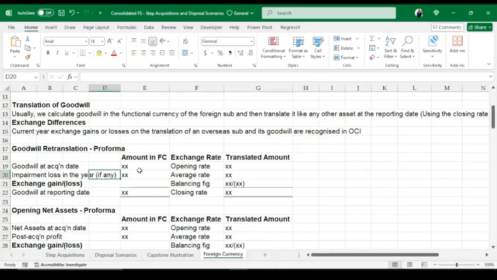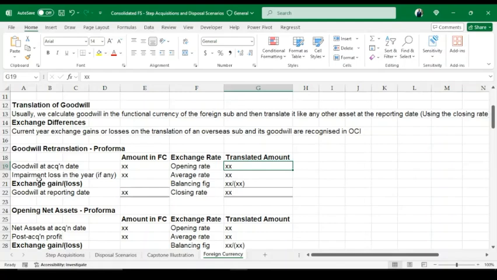We pick the goodwill at acquisition date in the functional currency, and in order to translate it into the presentation currency, we apply the opening rate, because this is goodwill at opening date or acquisition date. The opening rate will be given to you in the question. We apply that on the amount in the functional currency to get the amount in the presentation currency of the group, the translated amount.